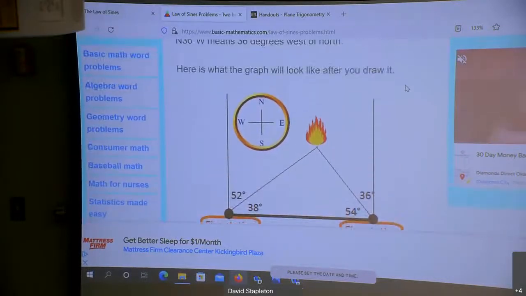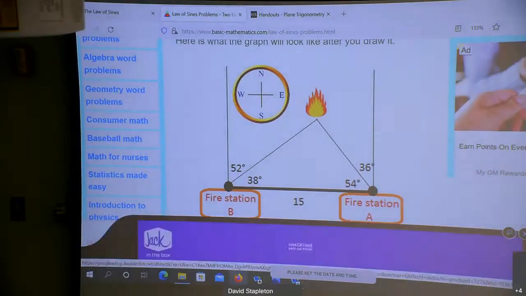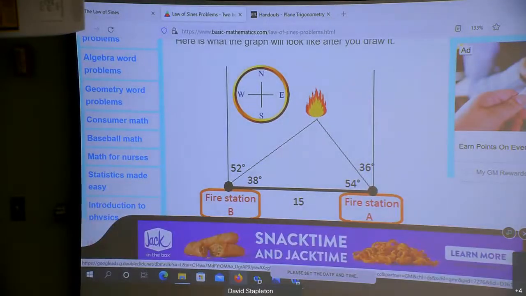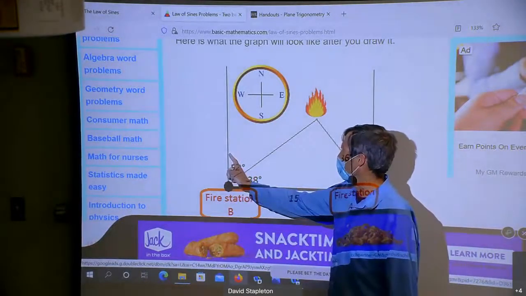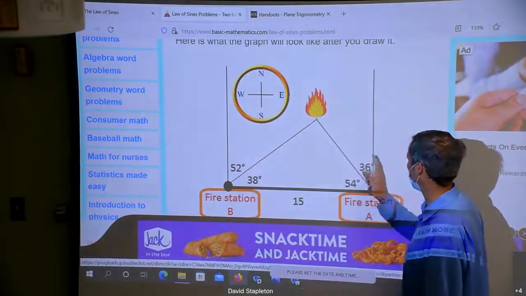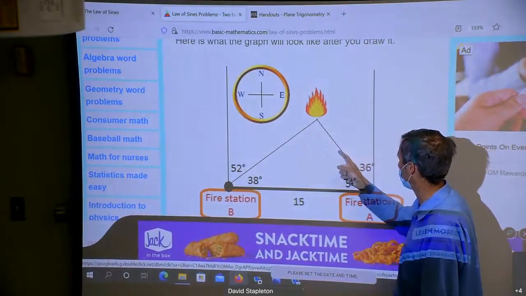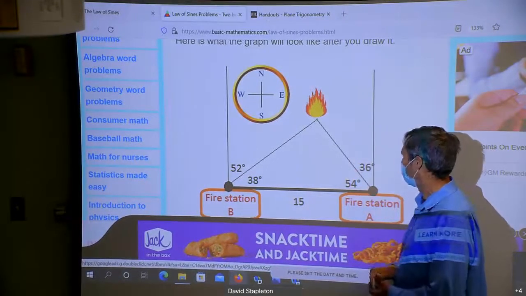There's the picture. Here's the graph of what you draw, right? North 52 degrees east means turn 52 degrees east of north. North 36 degrees west means turn 36 degrees west of north. And you can also put south so many degrees east or west, right?